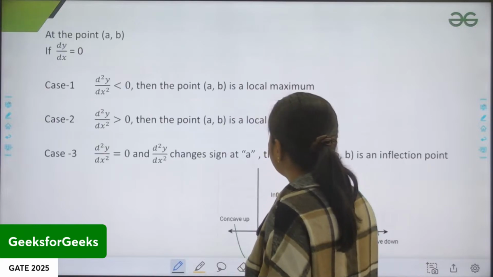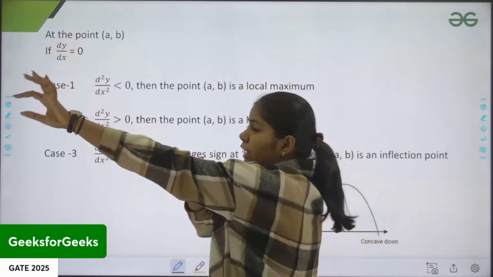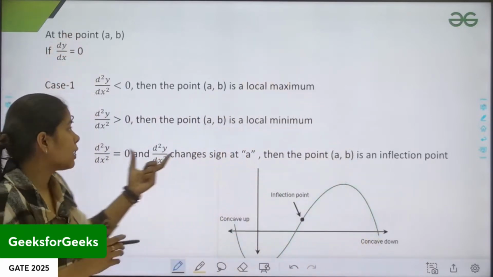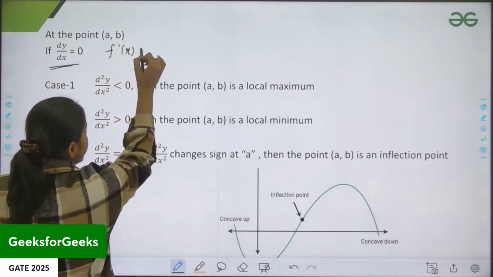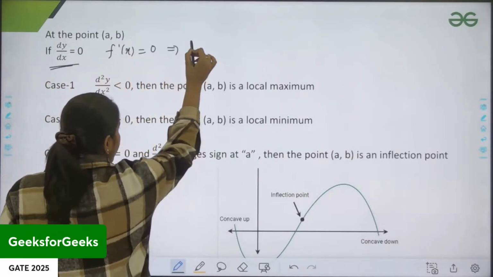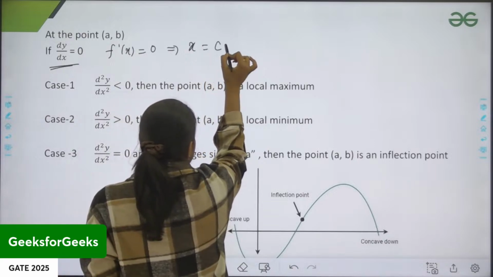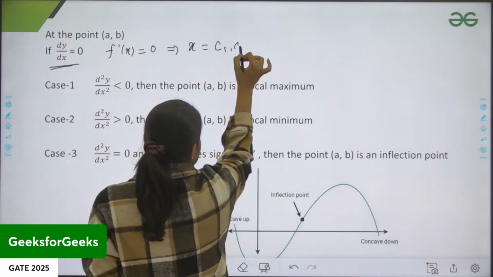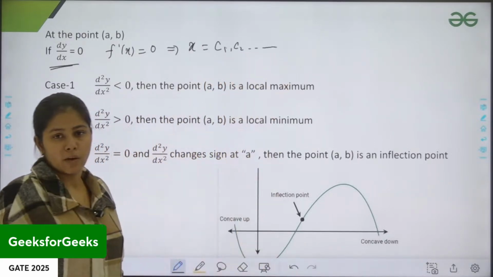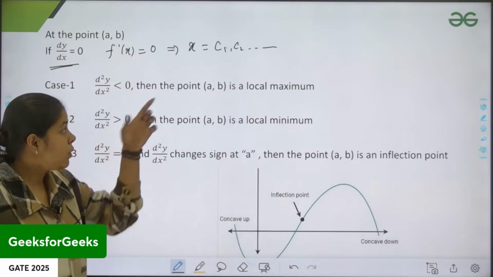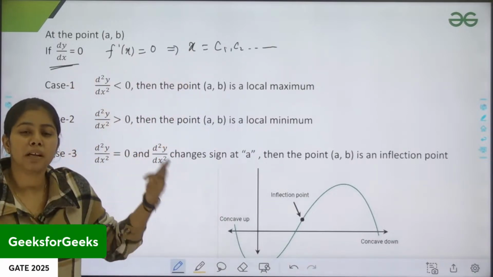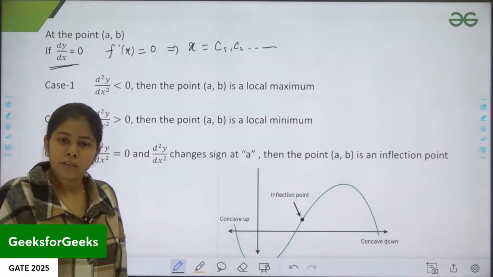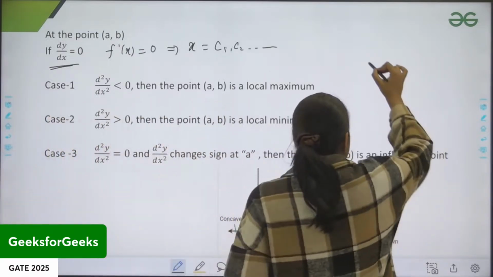So till now we have found all the critical points by putting the derivative equal to 0. So what I have done, I have equated f dash x equals 0, and from here I'll get the critical points. Let's say x equals c1, c2 are all those critical points I got, right? Now at x equals c1, I'll check the double derivative sign. I hope you understand what double derivative means.